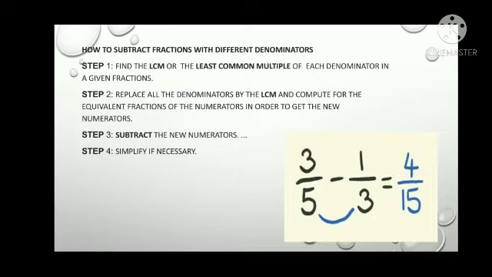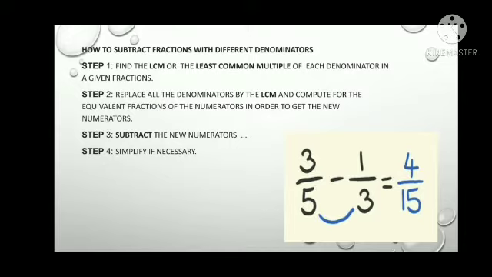After we find the LCM, step 2, replace all denominators with the LCM. So all the denominators of our given fractions will be replaced by the least common multiple that we computed. And then also compute the equivalent fractions to get the new numerators.